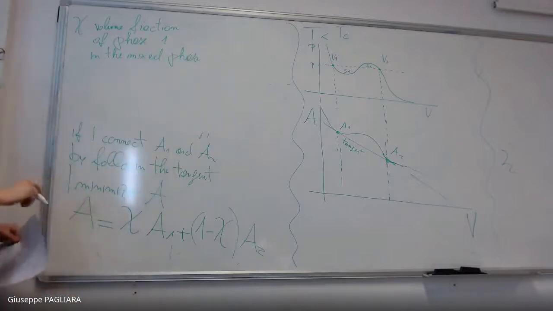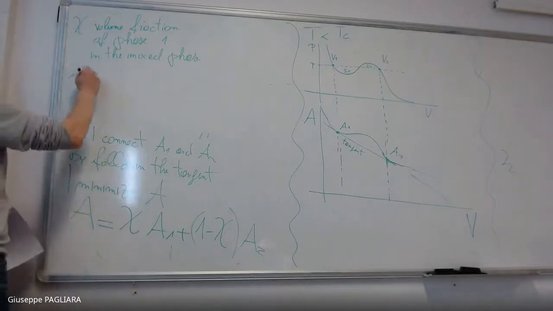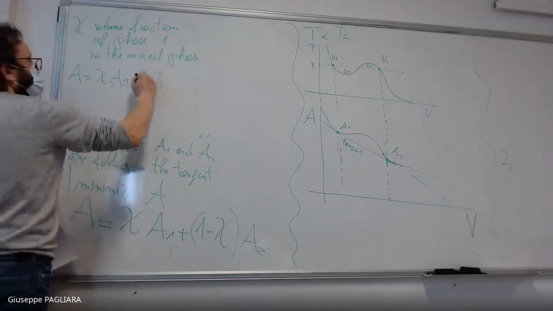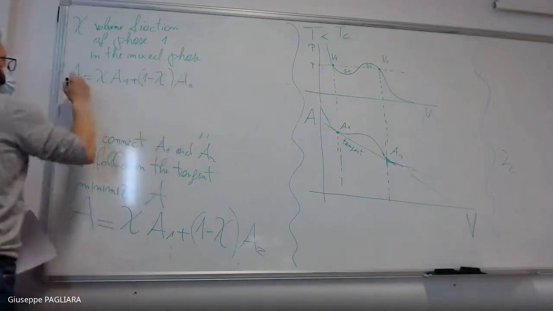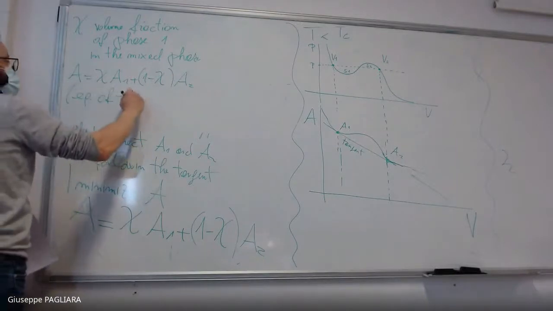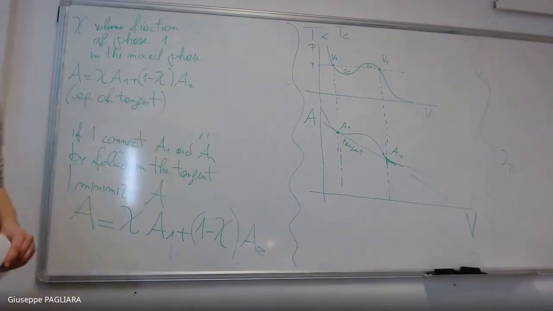And of course, 1 minus chi is the volume fraction of the second phase. This equation, A equal to chi A1 plus 1 minus chi A2, is the equation of the tangent, which is basically the equation of state of the mixed phase.